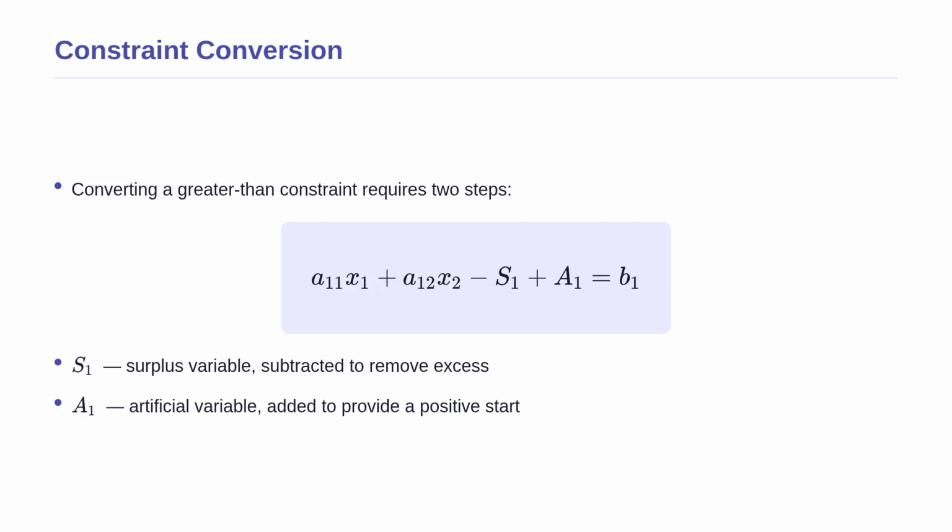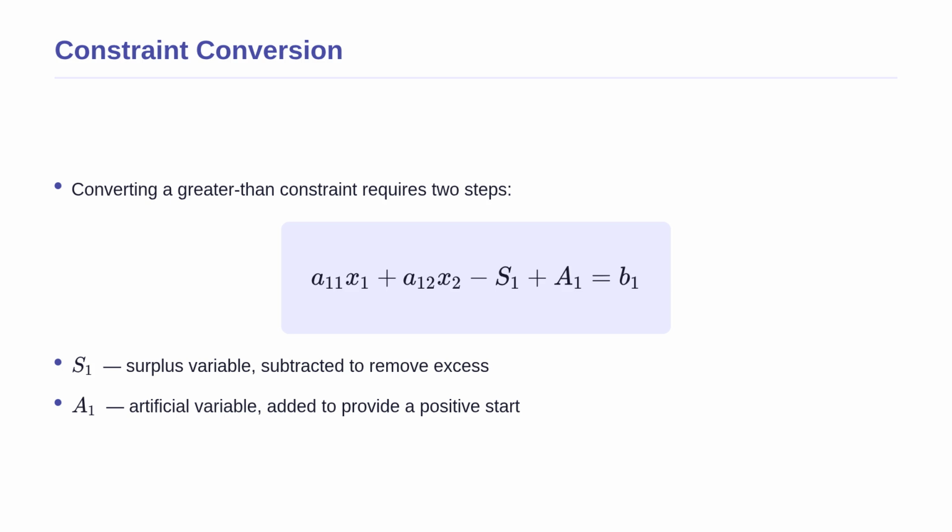To see how we create this starting point, let us look at the math behind a standard constraint. When a constraint requires a minimum value, we first subtract a surplus variable, S1, to convert the inequality into an equation. However, if we set our main decision variables to 0, this leaves us with a negative surplus value, which violates linear programming rules.